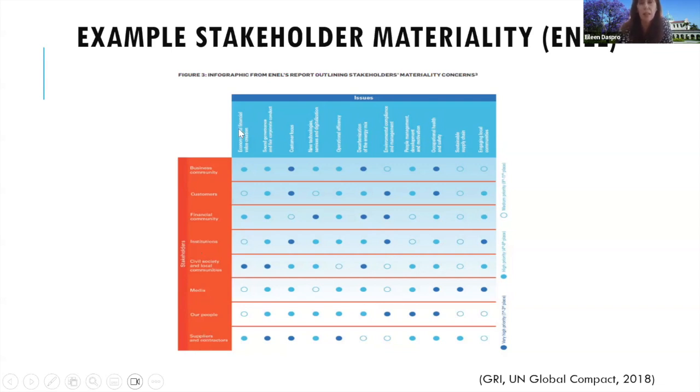And then they've identified a host of different issues related to the UN SDGs, related to employment and consumer safety, et cetera. And they've quantified what are those issues that are most significant, that matter most, which are most material to their different stakeholder groups. And then this becomes an important input for the development of their SDG strategy.